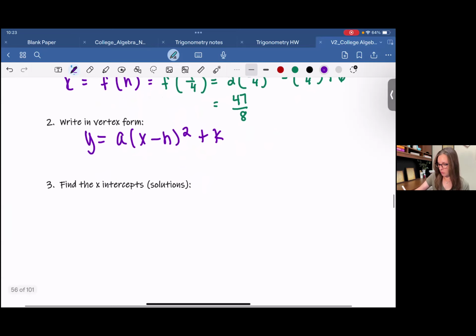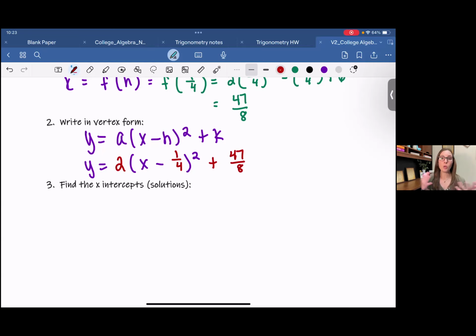The a value is from the original equation, which was 2. x stays, minus stays. The h value was 1/4. Parentheses squared stays. And then the k value is 47/8.